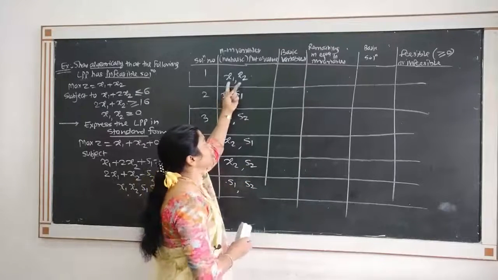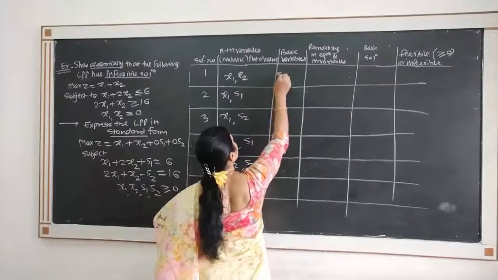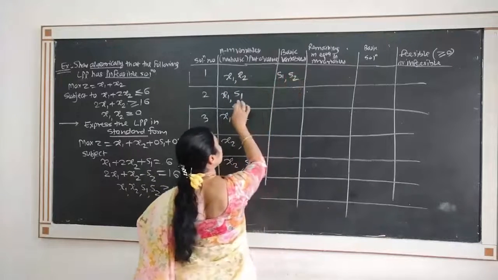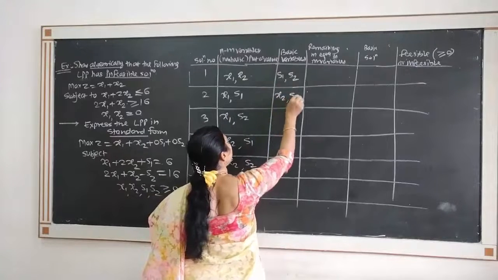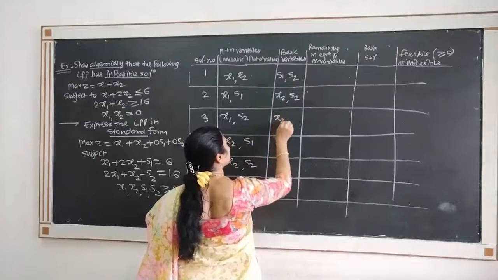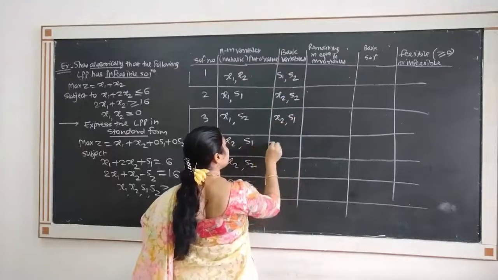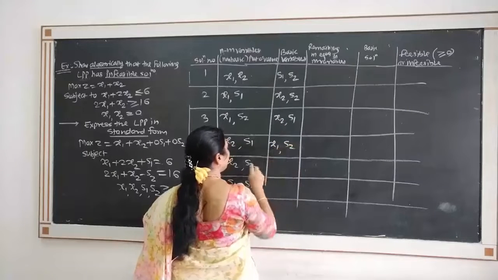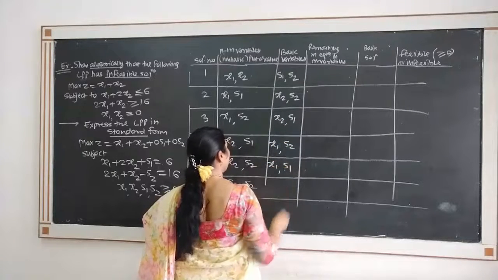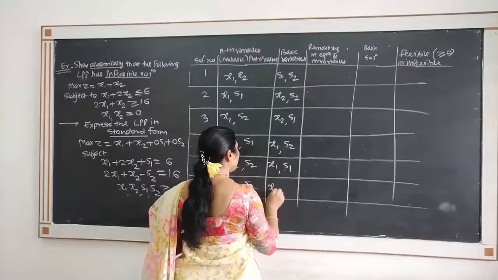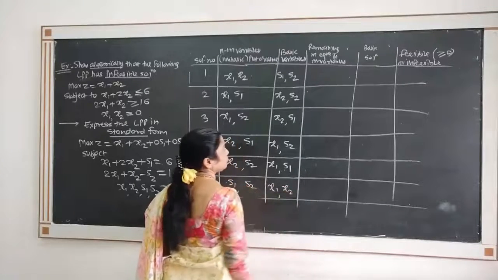When you put these at 0, which remain? Here s1 and s2 remain. Here x2 and s2 remain. x2 and s1. Here x1 and s2 remain. x1 and s1, and here x1 and x2 remain.